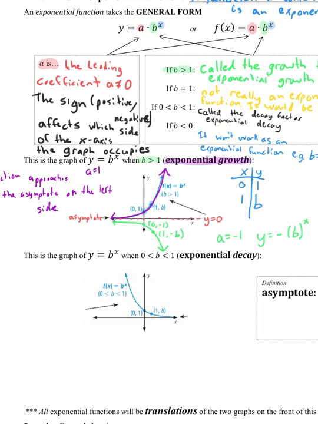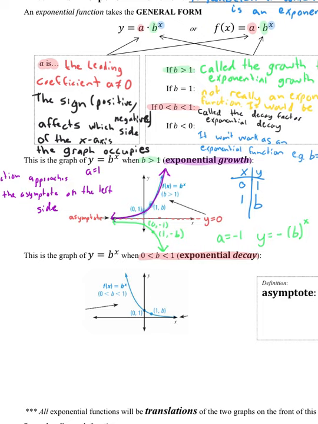Some people get confused because they see a negative number and they think, oh, exponential decay because it's a negative. No, exponential decay happens based on the b value. If the b value is between 0 and 1, that's exponential decay. So you could have positive growth and you could have negative growth that's growing in a negative direction.